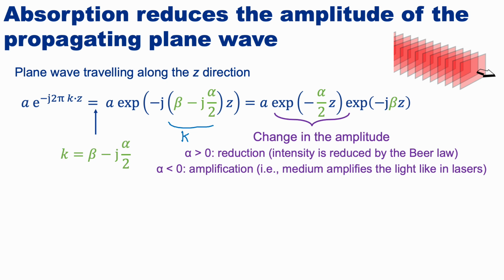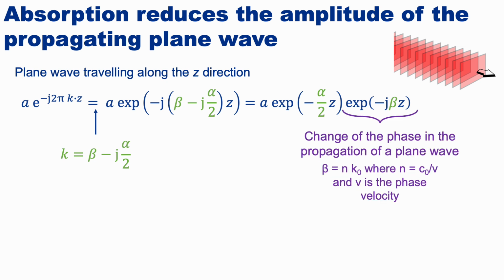And when I decompose every term, I find out that the absorption coefficient is going to be a change of the reduction of the amplitude, which, if the alpha value is positive, is a reduction, so it's what we are getting from the Beer's law, versus if the alpha is negative, the medium amplifies the light, and those are the media that we have inside the lasers.